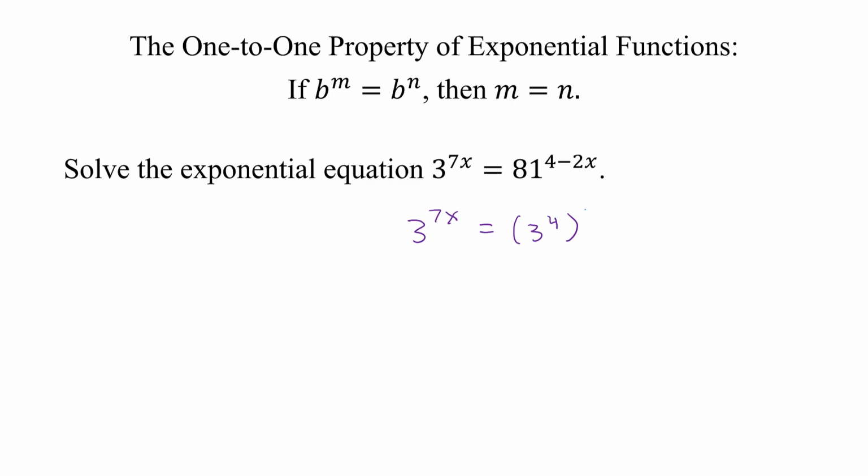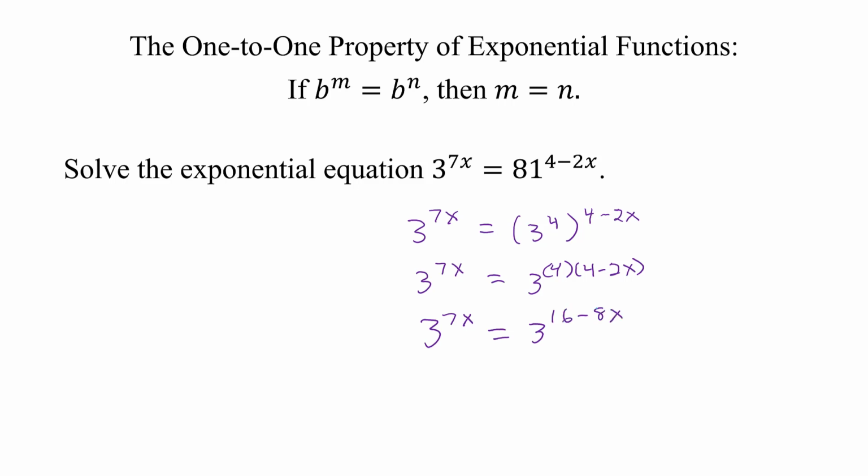And then we still have 3 raised to the 4th power raised to the 4 minus 2x, from which we will simplify to write this as 3 raised to the 4 times 4 minus 2x, or we'd have 3 raised to the 7x equals 3 raised to the 16 minus 8x.